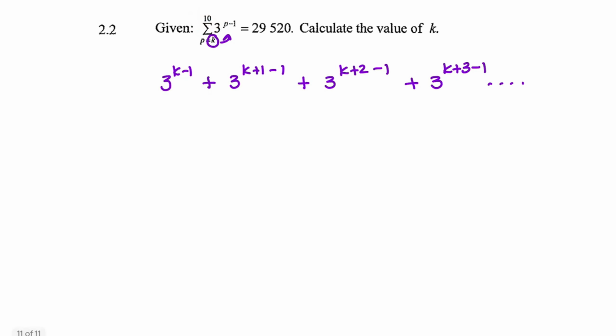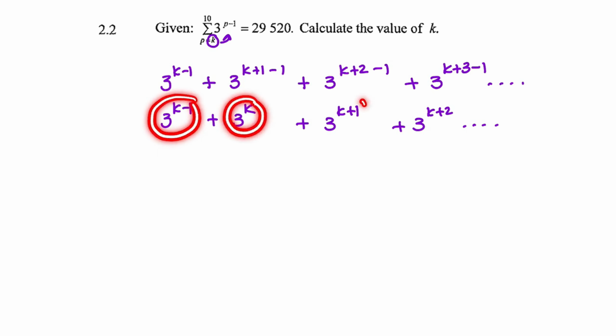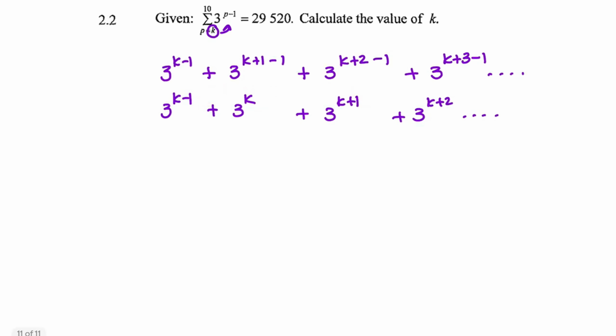So if I simplify this, I have 3 to the power of k minus 1 plus 3 to the power of k plus 3 to the power of k plus 1 plus 3 to the power of k plus 2. And this pattern continues. Now, I know that this is a geometric series, because we are raising it to the power of something. So that means we have a constant ratio.